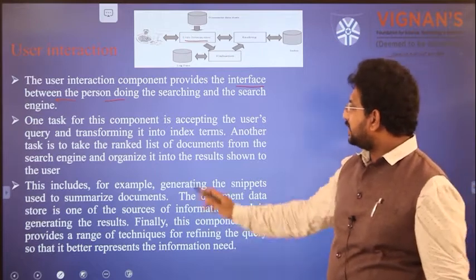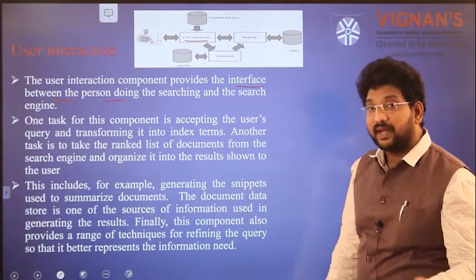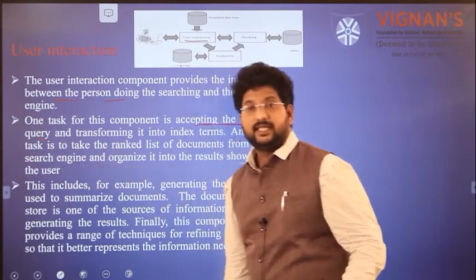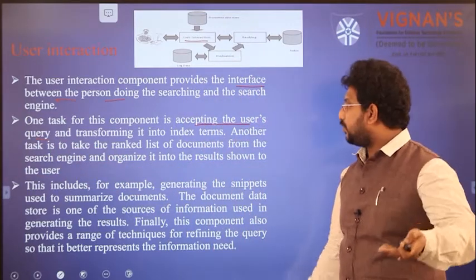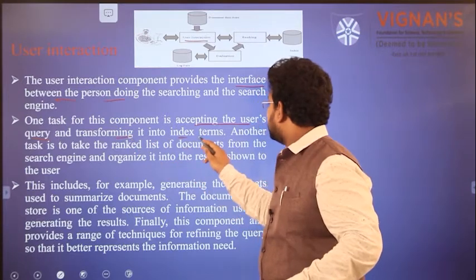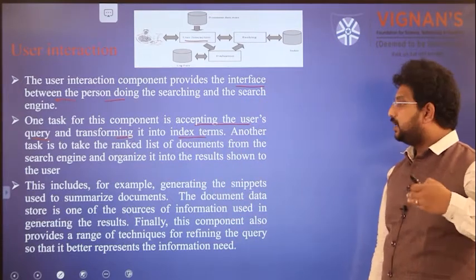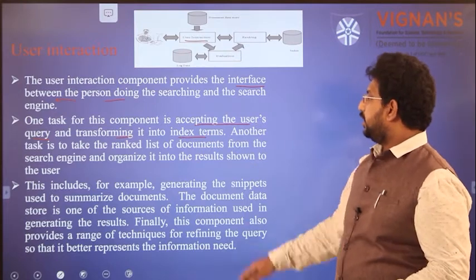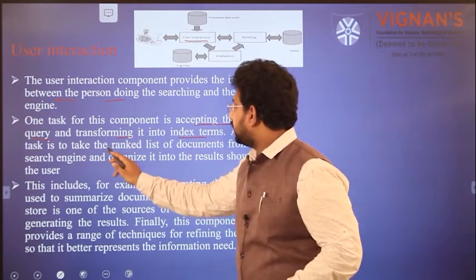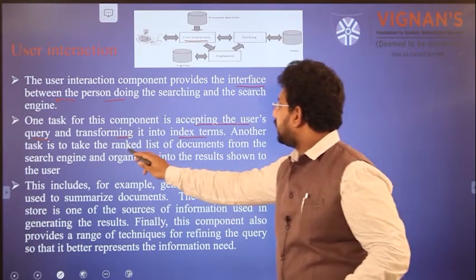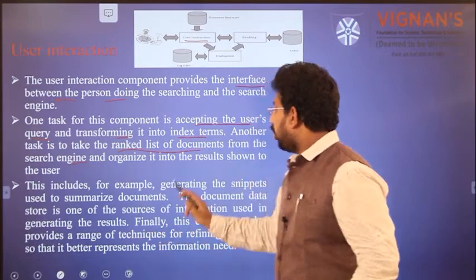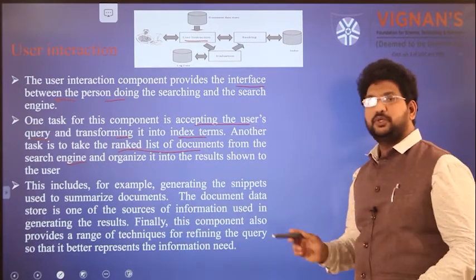What is the main task? Accepting the user's query, transforming it, and converting it into index terms. Another task is to take the ranked list of documents from the search engine and organize it into the results shown to the user.